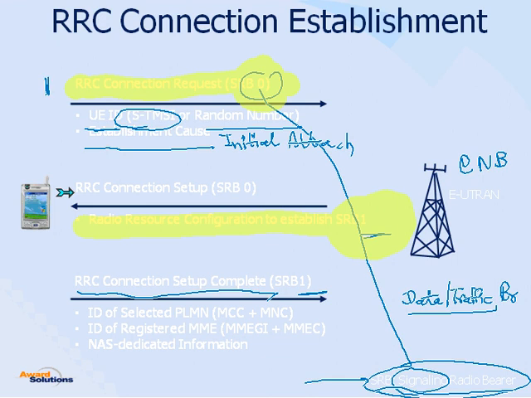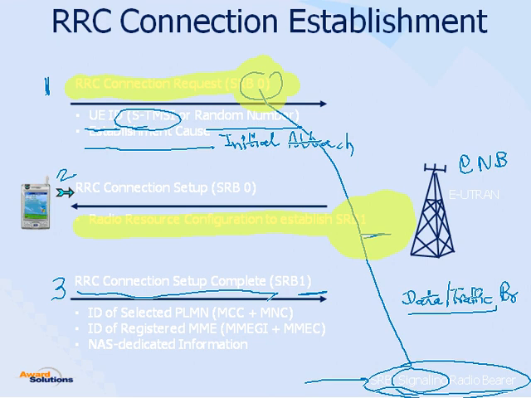So connection request, connection setup, and connection setup complete. These are the 3 signaling messages that are exchanged between the UE and the network so that we can successfully establish the RRC connection between the UE and the eNode B.